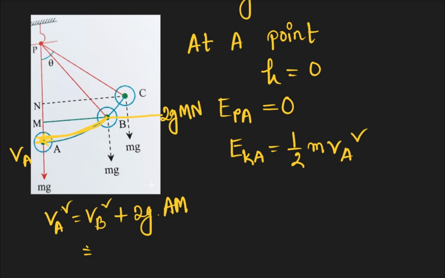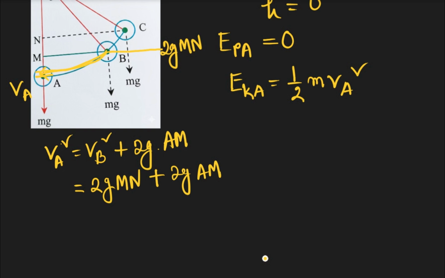So instead of VB squared we write 2g MN, plus here 2g AM. The 2g part is common, so here MN plus AM.